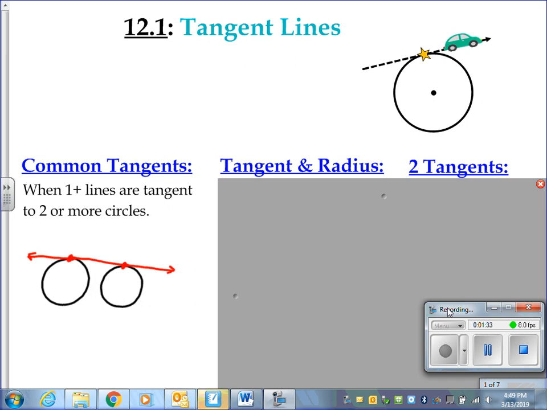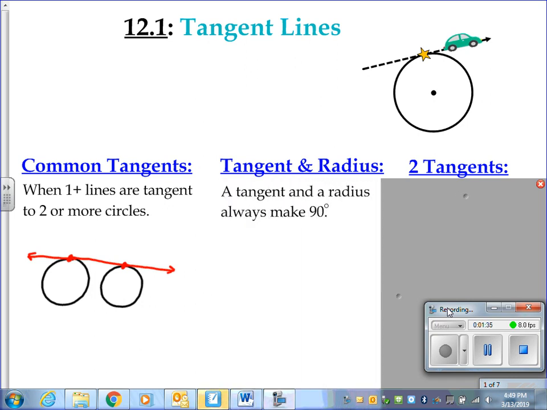Let's talk about tangent and radius. So here's a rule. When a tangent line and a radius meet, they always make 90 degrees. So let's draw a picture as well. So let's say I have a circle. I'm going to draw the center of my circle. I'm going to draw a tangent. I'll just draw it at the bottom here.